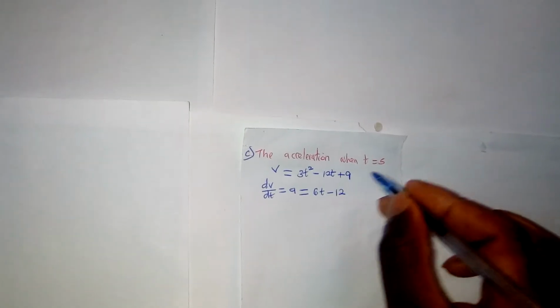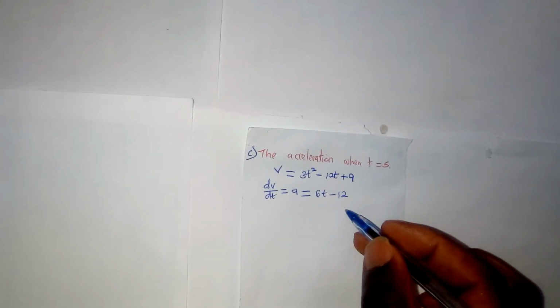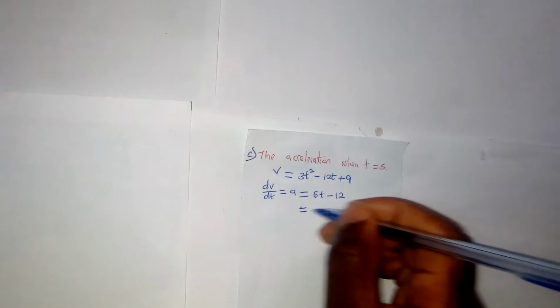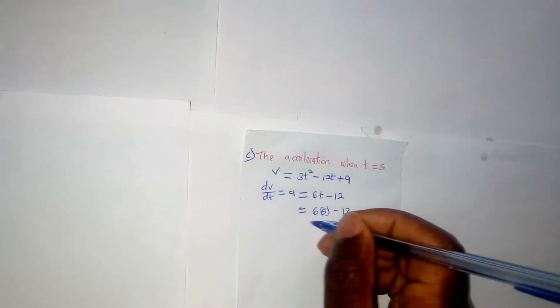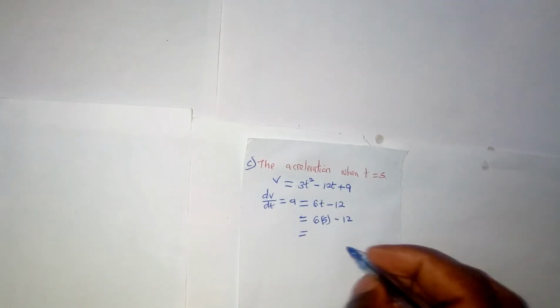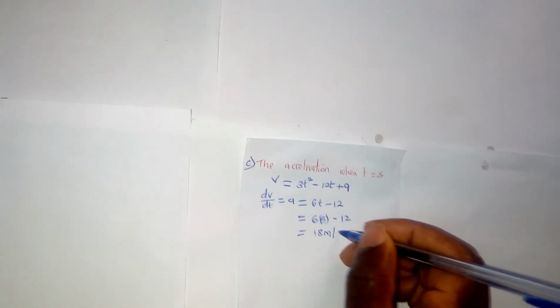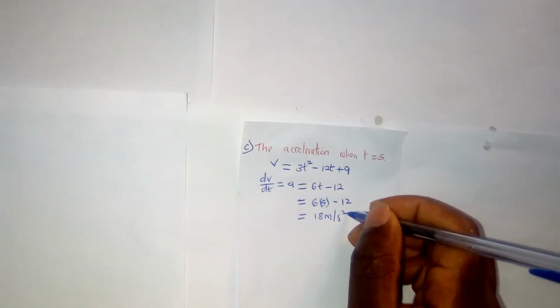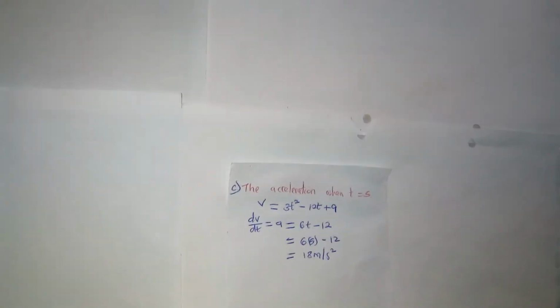Since t is 5, I substitute with 5 and come up with 6 times 5 minus 12. 6 times 5 is 30, minus 12 is 18. So I come up with 18 meters per second squared. Acceleration is in meters per second squared. That is question C.